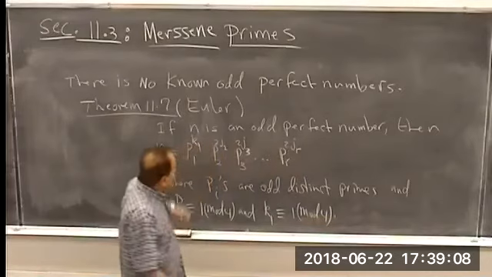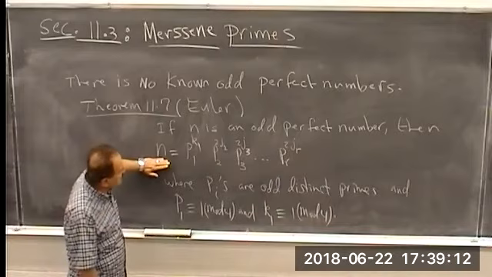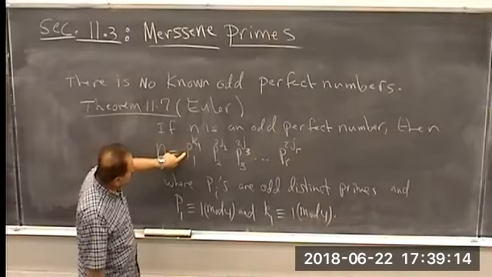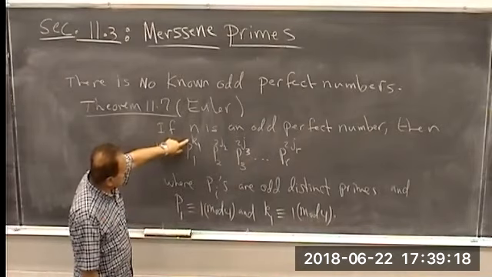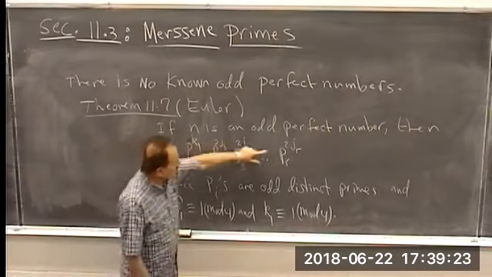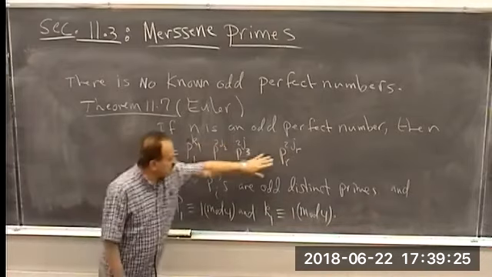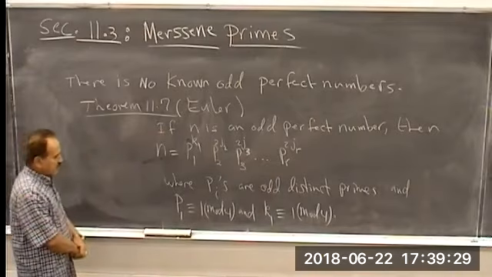Okay? So this is a special prime factorization for odd perfect numbers. It's an odd prime of a special form. The exponent is also odd. Okay? One odd exponent, and all others are even. All right? And we don't care about the other types of primes.